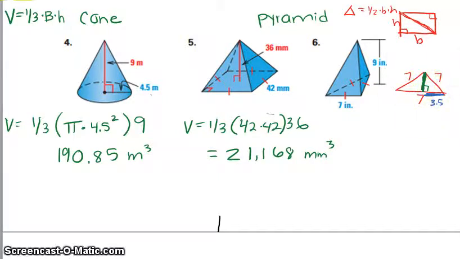And you can do the Pythagorean theorem here, or you can use our special right triangles, the 30, 60, 90, and that would give our height a length of 3.5 times the square root of 3, and that's from the special right triangles. Another way to do it is to do the Pythagorean theorem, which is 7 squared is equal to 3.5 squared plus that height squared.